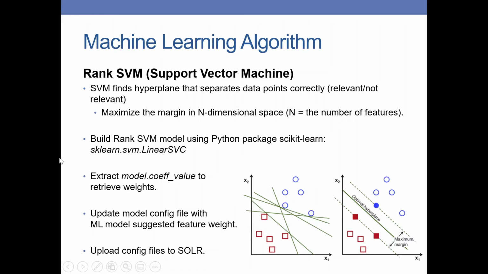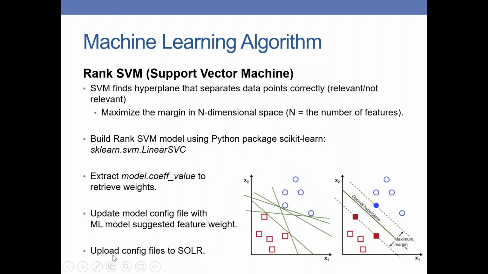Here I have built the rank SVM model using the sklearn LinearSVC API. After that is done, the next step in model building is to extract the model coefficient values and get the weights. Then you update the model config file with the ML model suggested feature weights.